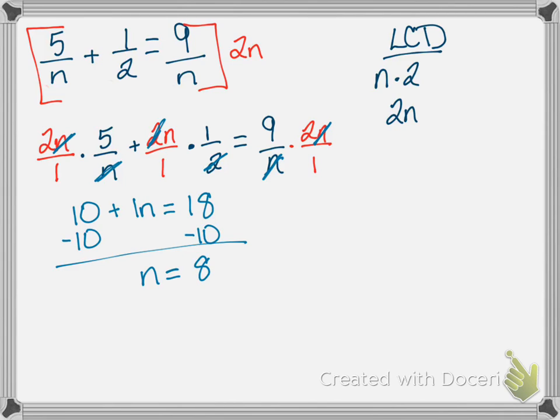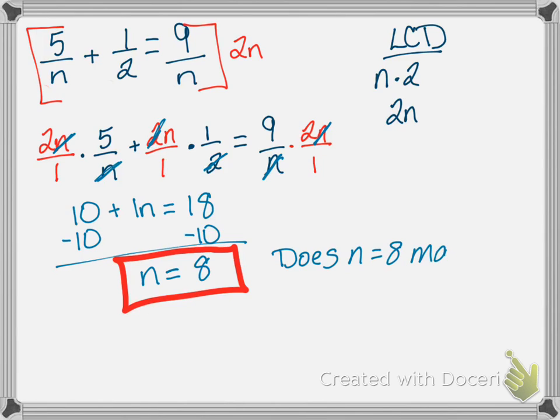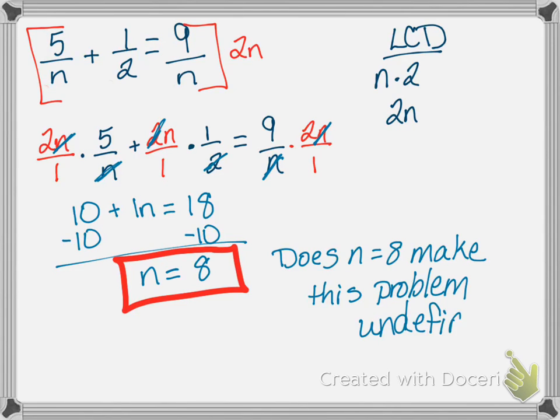Okay, now I have to ask myself the question. Does n equals 8 make this problem undefined? And what I mean by undefined is, does n equal 8 make a 0 in the denominator?